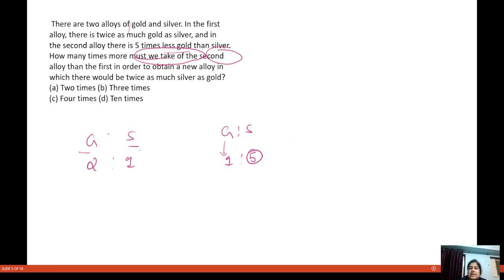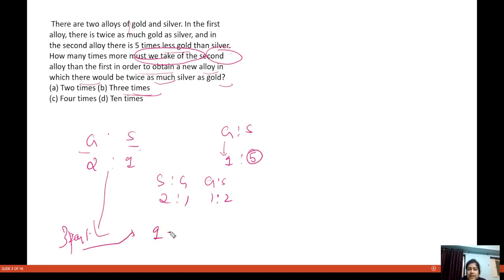Now it is saying how many times more must we take of the second alloy than the first to obtain a new alloy where the gold and silver ratio should be 2 is to 1. Or the gold and silver ratio is 1 is to 2, same thing, no difference. So if you are taking three parts of this alloy, in those 3 parts you will get 1 kg silver and 2 kg gold.